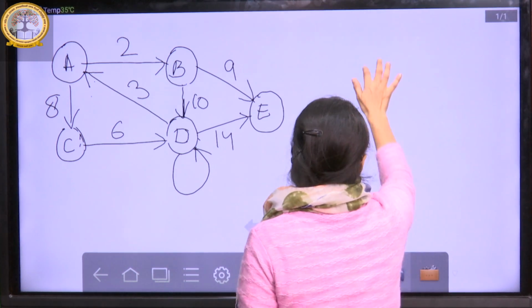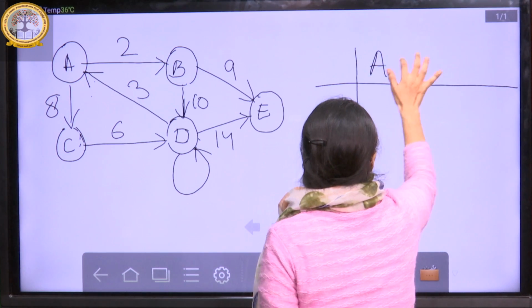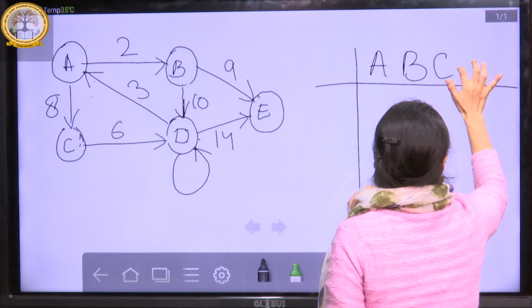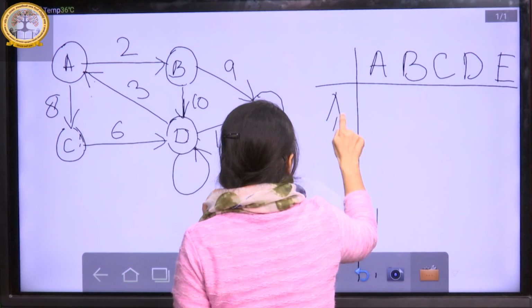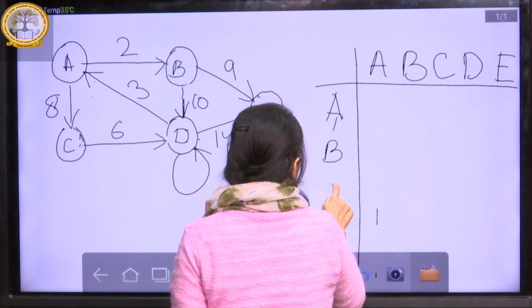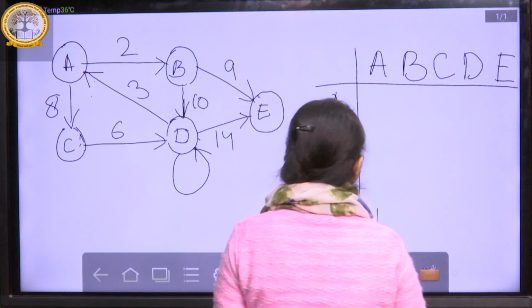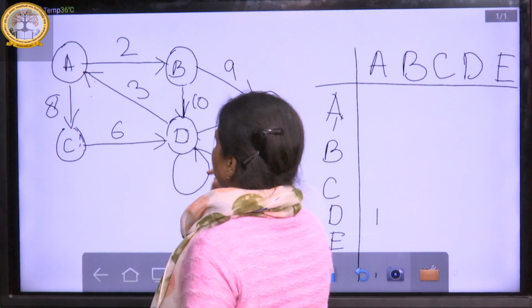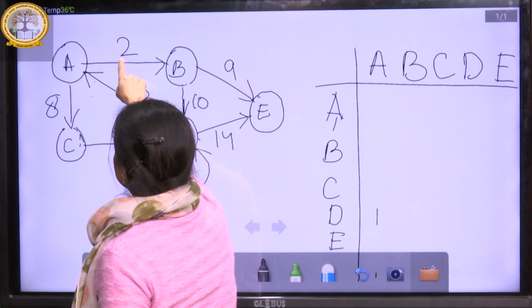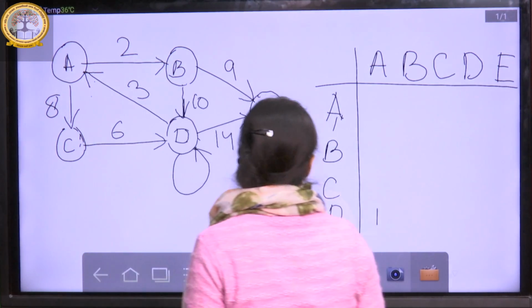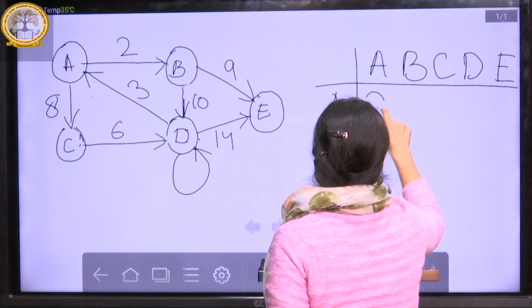Let's make the adjacency matrix for this weighted graph. Instead of writing zeros and ones, now we will take the weight which an edge is having. Now from A to A, there is no self loop, so we are going to put 0 here.